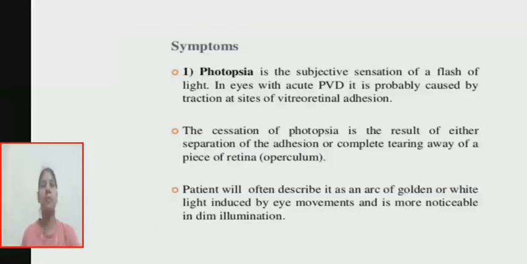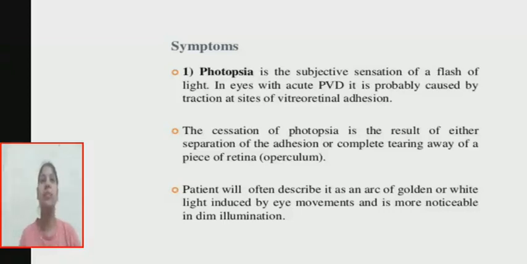Now the symptoms are these. Number 1, photopsia, which is the subjective sensation of a flash of light in eyes with acute PVD, posterior vitreous detachment.